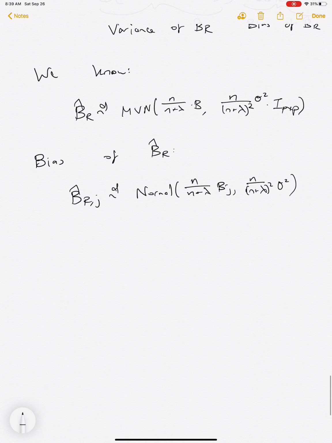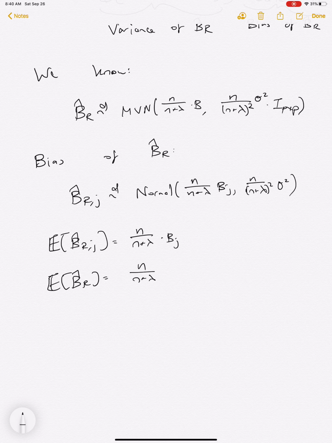Okay, so clearly because we're in this multivariate normal setting, we know that E of b hat r j is just n over n plus lambda times bj, or equivalently the expectation of b hat r is just n over n plus lambda times b.